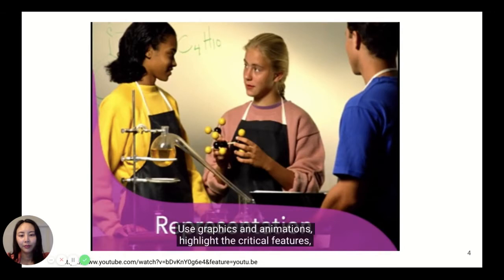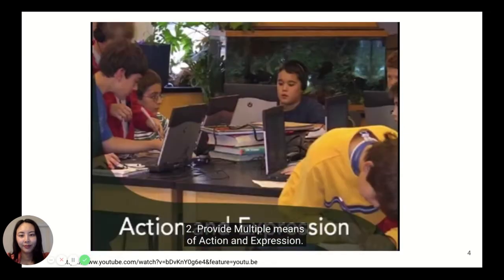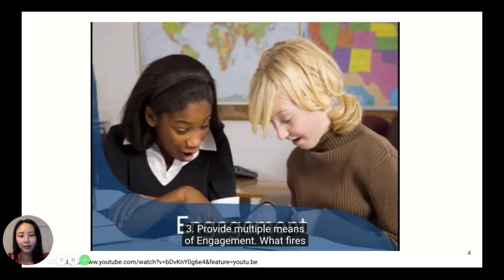Use graphics and animation, highlight the critical features, activate background knowledge, and support vocabulary so that students can acquire the knowledge being taught. Number 2, provide multiple means of action and expression. Give students plenty of options for expressing what they know and provide models, feedback, and supports for their different levels of proficiency. Number 3, provide multiple means of engagement.